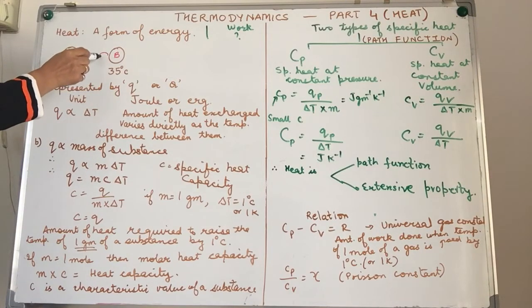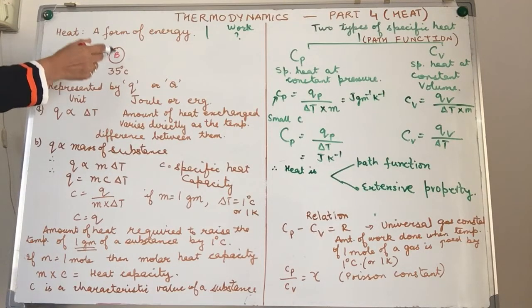If the two are connected by a conducting wire, we notice that heat flows from B to A till an equilibrium is established. Equilibrium means the heat still continues to flow in between the two objects, but the temperature then becomes constant.